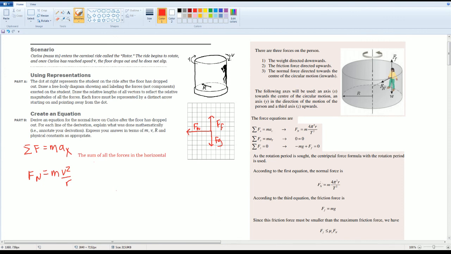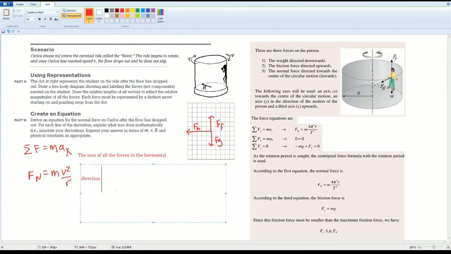So it is F_x is equal to m a_c. So the sum of all the forces in the horizontal direction is equal to Carlos's mass times the centripetal acceleration.